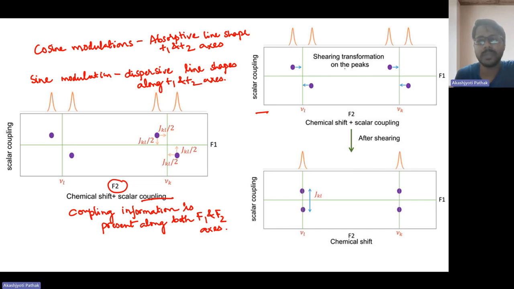So we perform a shearing transformation on the peaks, as shown in this diagram. After shearing, the F2 axis has only the chemical shift, and the F1 axis has only the scalar coupling. That is what is known as J resolved spectroscopy.